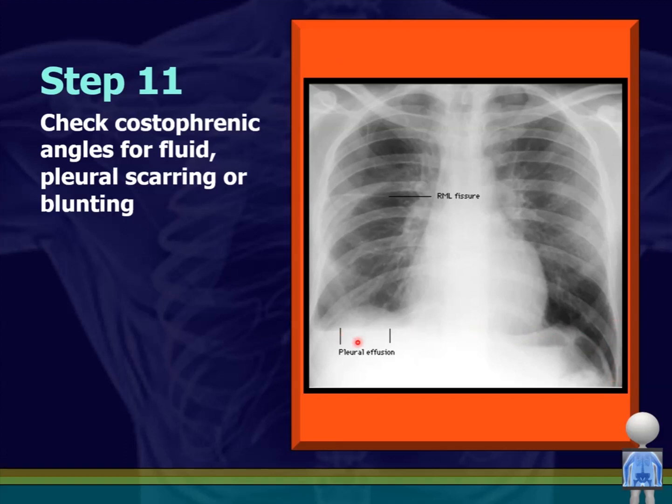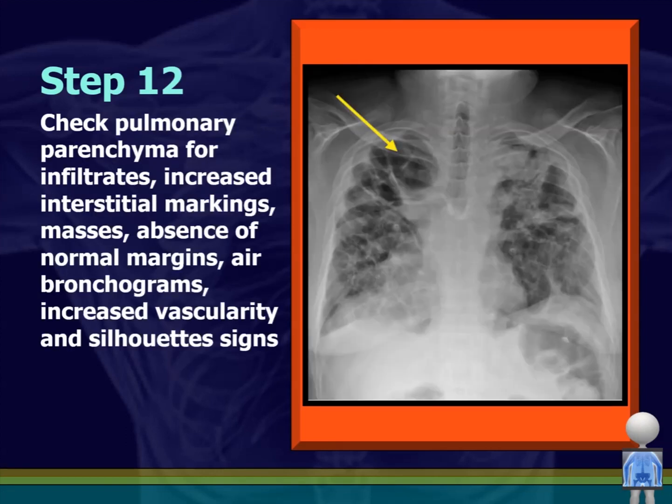On the other side, you should have the same thing, but instead, you've got fluid sitting here above the diaphragm. Here's the diaphragm. Here's the fluid under the lung, in this case because it's a pleural effusion. So blunting or changes in the costophrenic angles can give you an idea of whether it's pleural effusion, etc., or even pneumonia. Sometimes we see this as well if it's a lower lobe pneumonia.